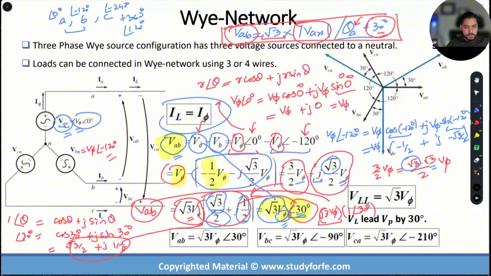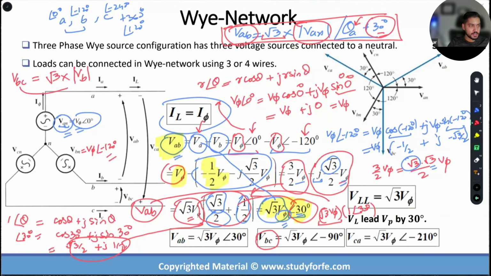Okay, so when I'm referencing VBC, let us write VBC over here. VBC is a line-to-line voltage. It will be square root 3 times larger in terms of magnitude than the phase B magnitude. Why did I pick phase B?